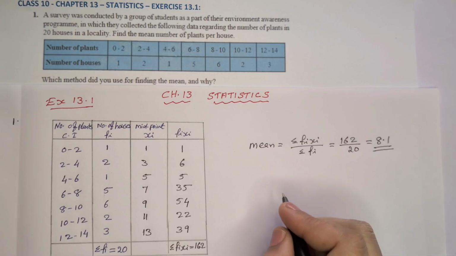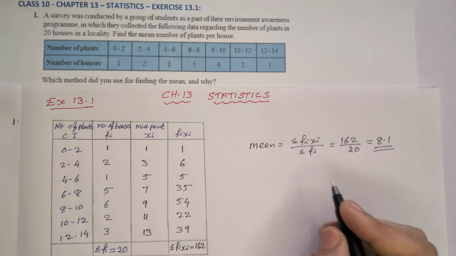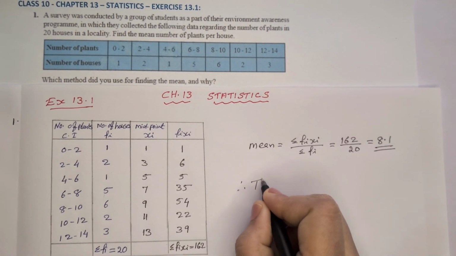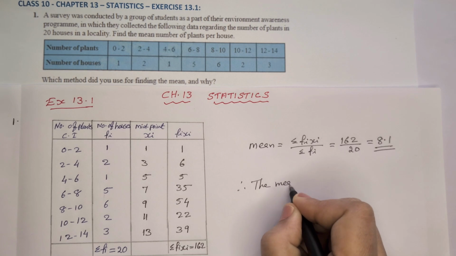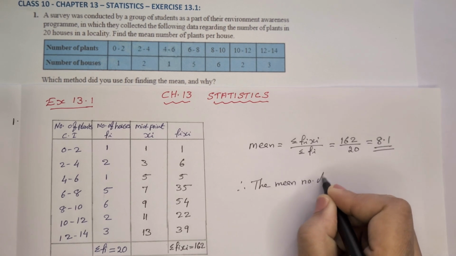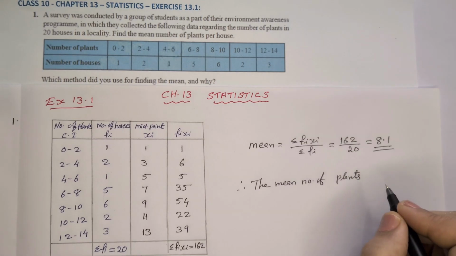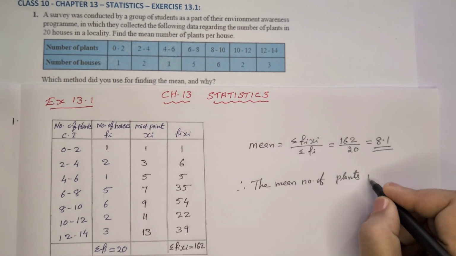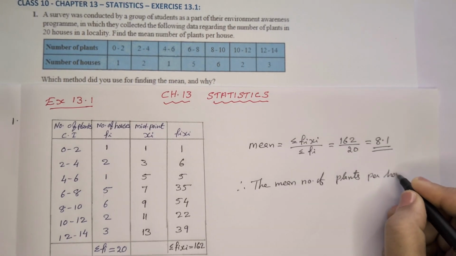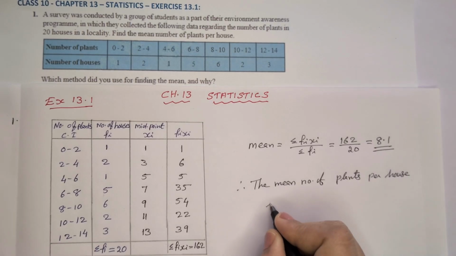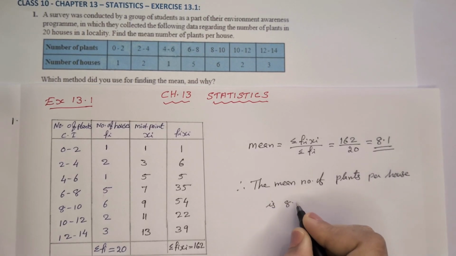So we can write the mean number of plants per house. Therefore, the mean number of plants per house is 8.1.